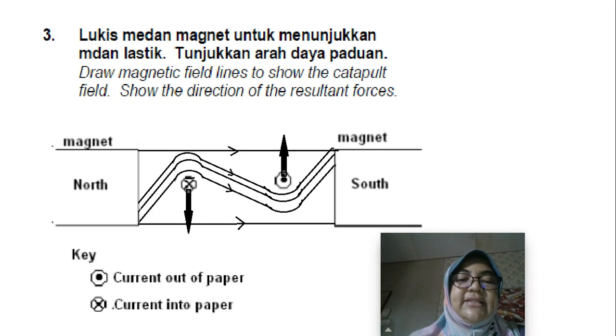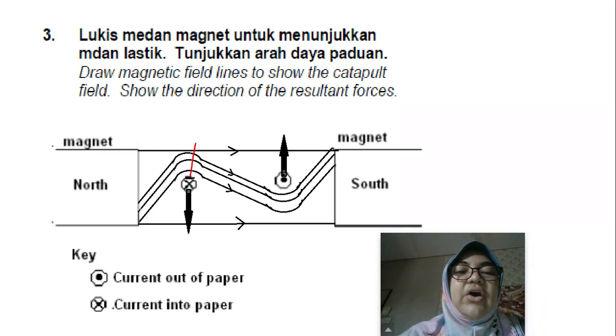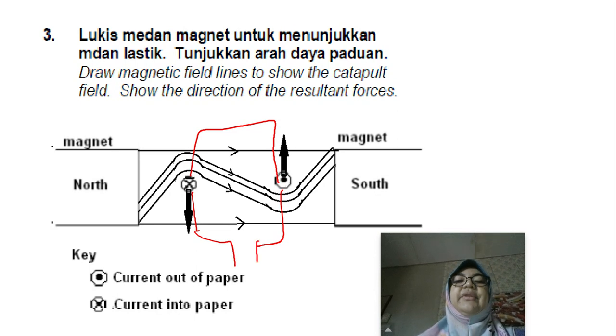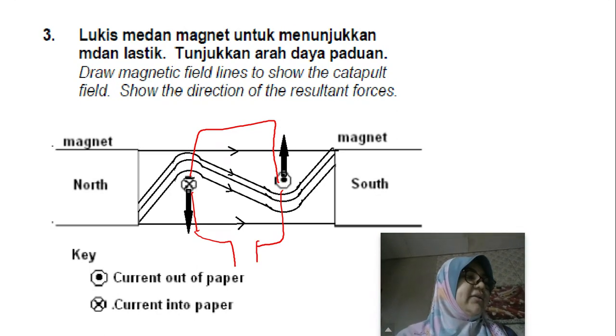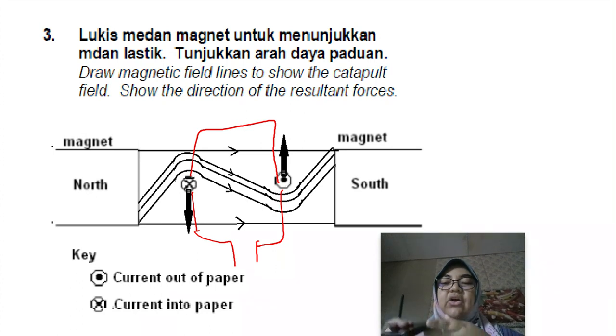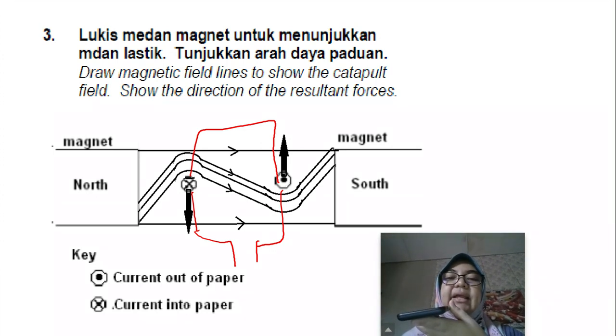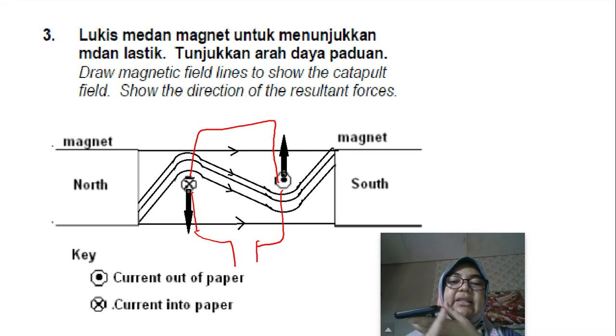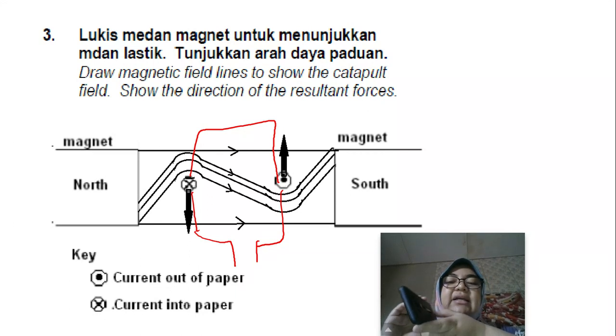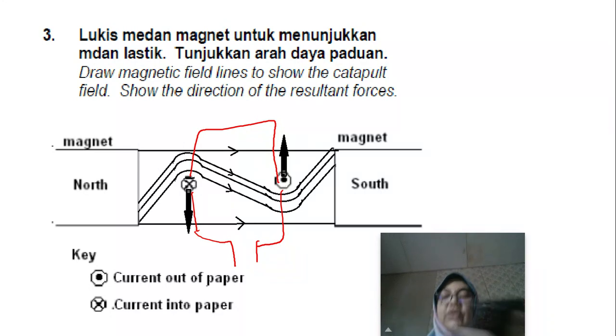So since this is a coil, ni coil sebab tu ada dua. Okay, sebab dia coil, so let's say this is the coil, and then this part going down and this part going out, so dia jadi macam ni. Dia akan ada turning force.